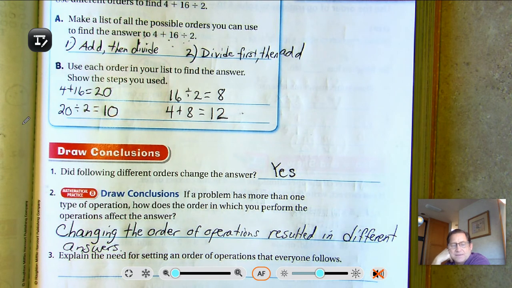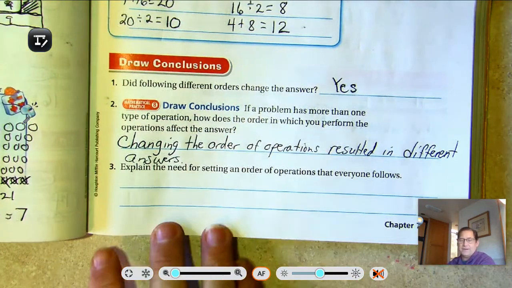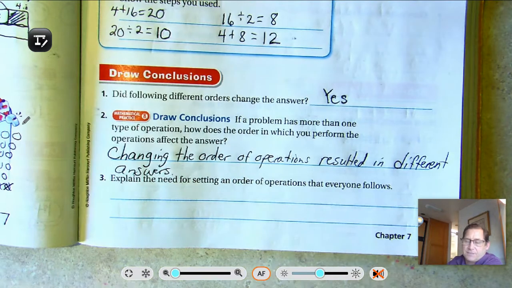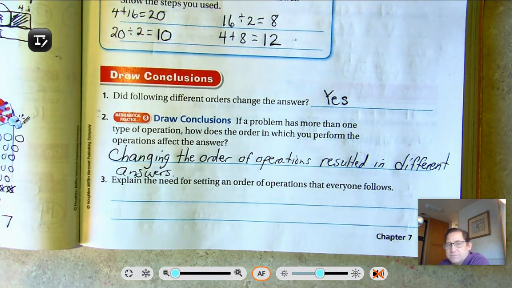Explain the need for setting an order of operations that everyone follows. Okay, that makes sense, right? If everybody just did the operations any way they wanted, we would never have the same answers.